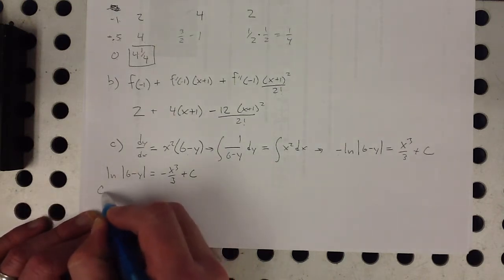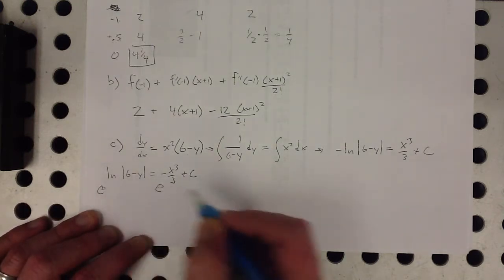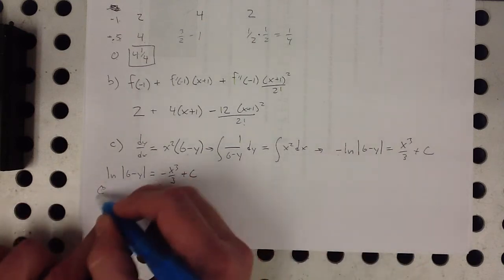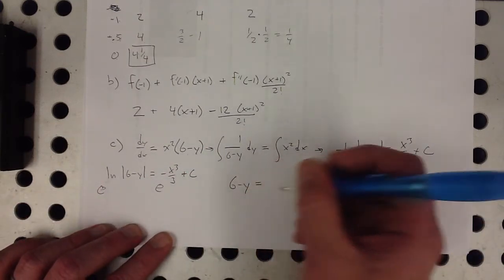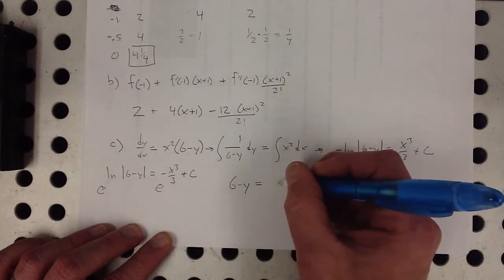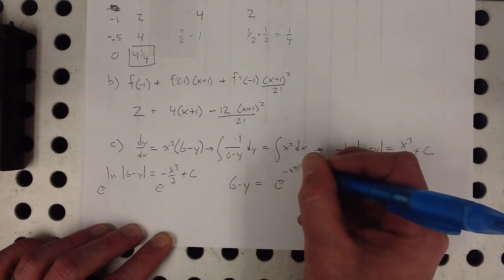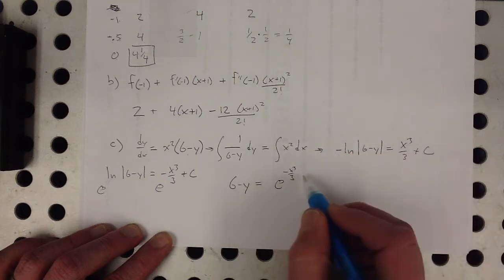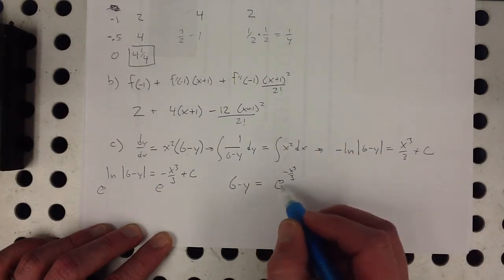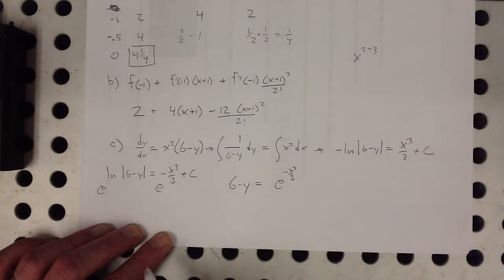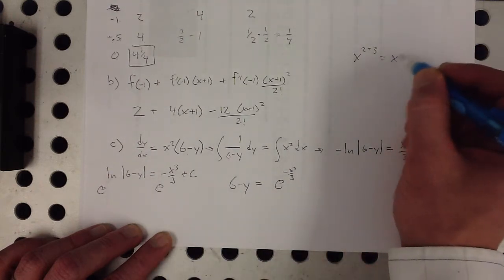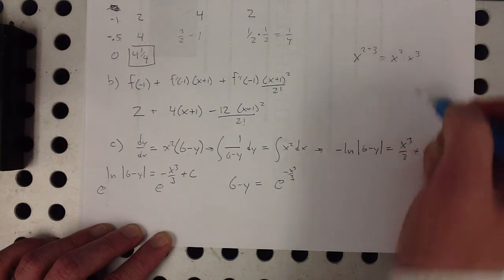And then exponentiate here. That just gives me 6 minus y equal to e to the minus x cubed over 3 plus c. Remember that the plus c here, that's like if you have x to the 2 plus 3 from your algebra days, you know that that's the same as x squared times x cubed, right?